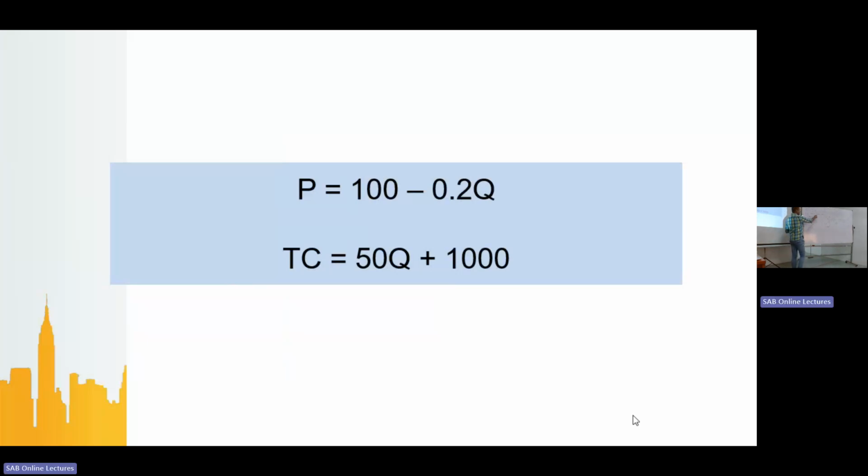You can apply this rule to the first term in the total cost function. For any constant, after differentiating, we get 0.